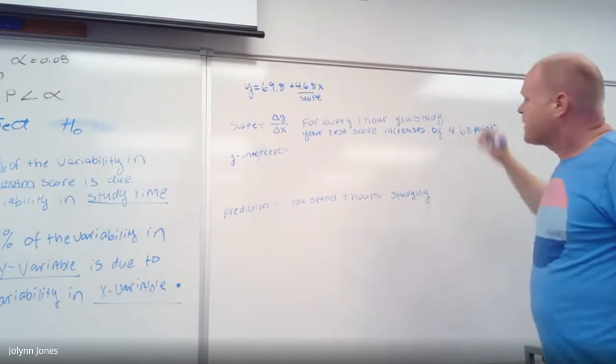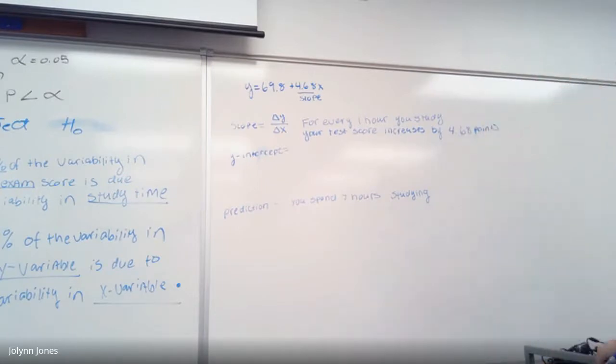In your interpretations, you want to be specific. You want to make sure you have the units that you need when you're describing it. So for every 1 hour you study, your test score increases by 4.68 points.